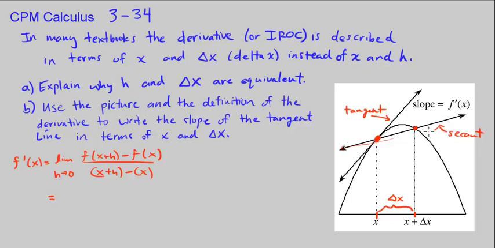To write this in terms of the tangent line, what do we want to approach 0? This difference.